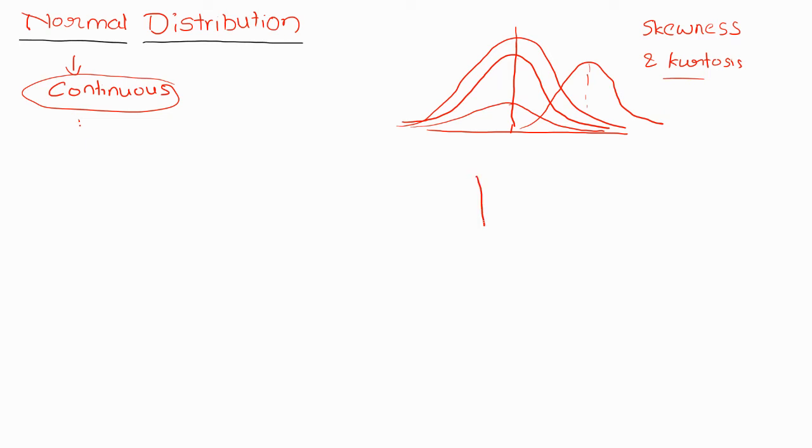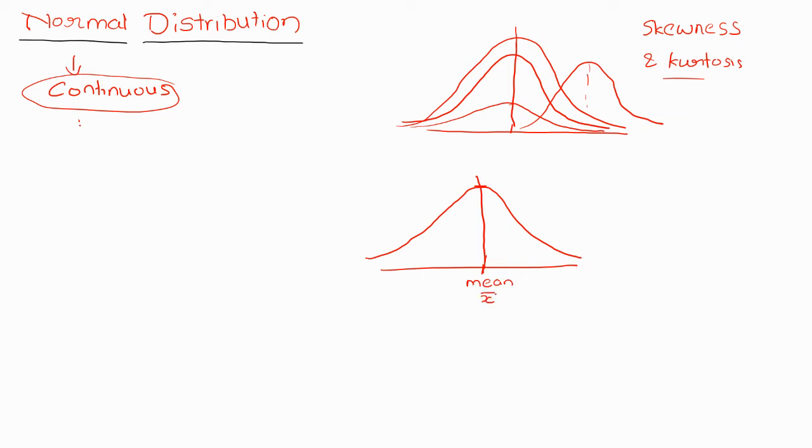Now, let me draw this part again. If I have this frequency distribution curve, at this peak level of the probability or the frequency, I have my mean value.